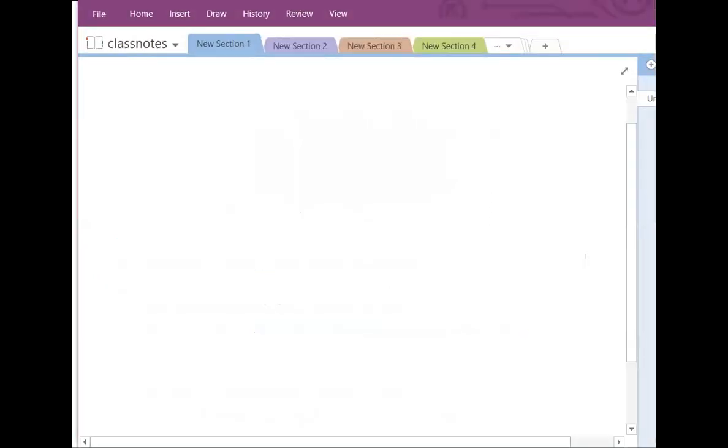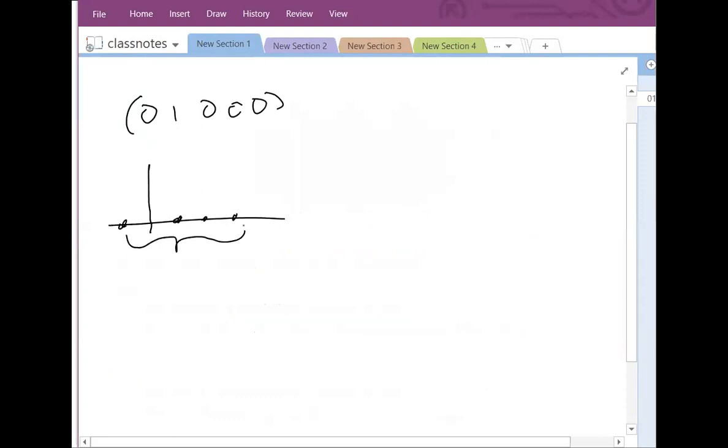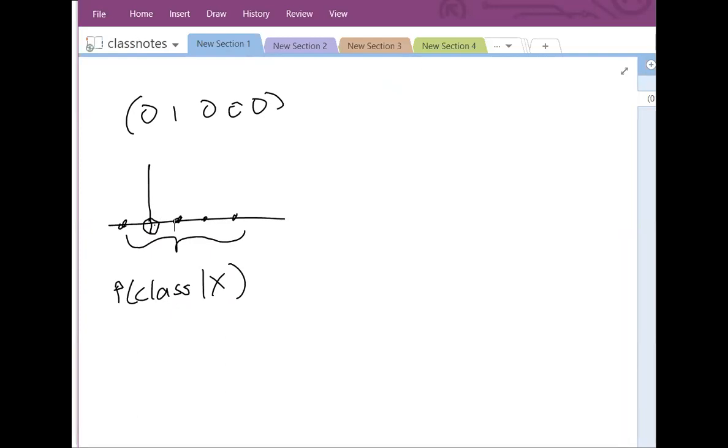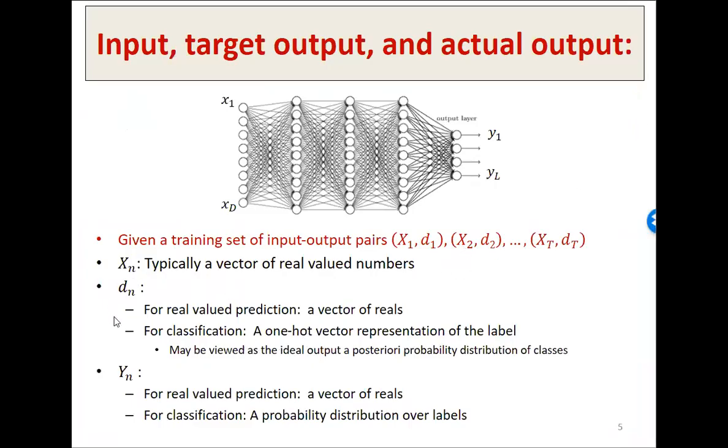So for example, if the desired output for a class was 0, 1, 0, 0, 0, then you can view this as this probability distribution, in which case you're saying, I want the network to output the probability of class given input. And specifically, I want to assign a probability of 1 to the correct class and 0 to all of the remaining classes. This is the desired output.